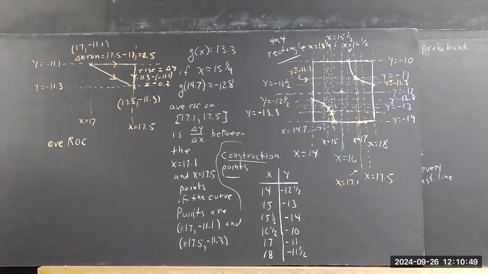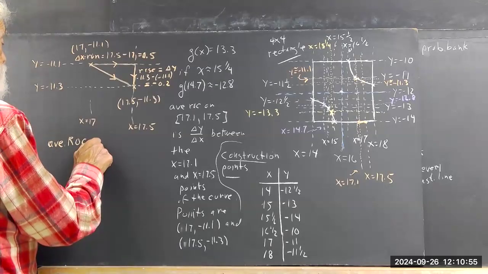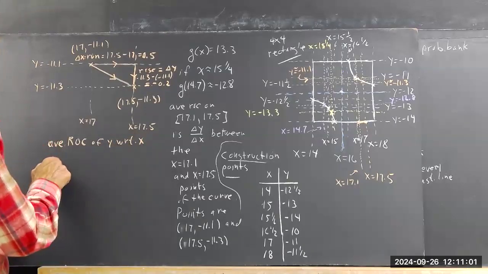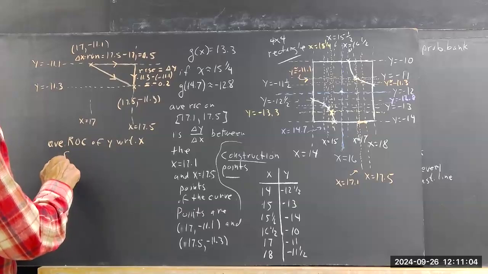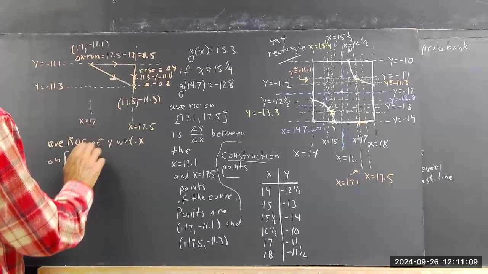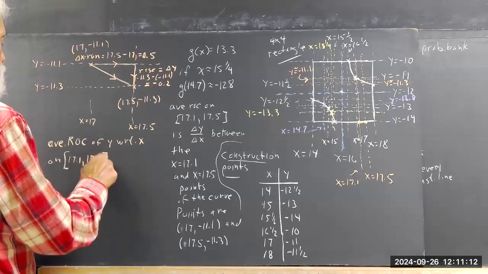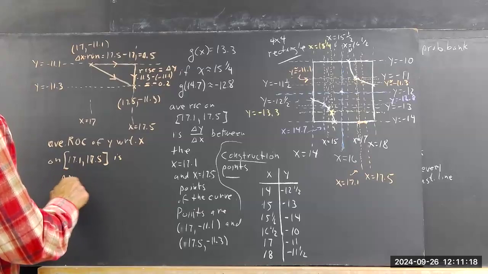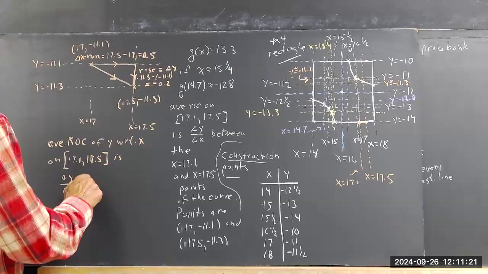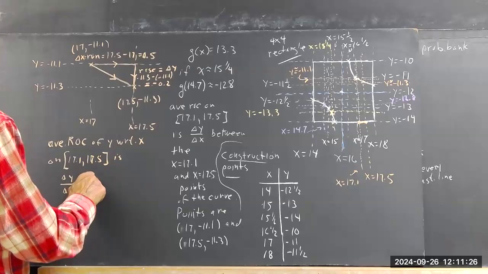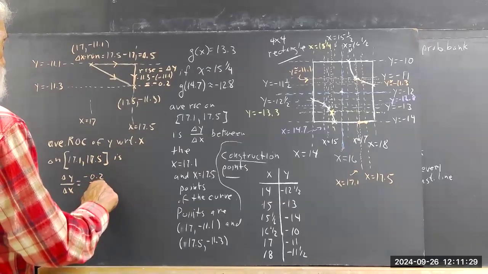Average rate of change of y with respect to x on the interval 17, 17.5 is change in y over delta x, which is negative 0.2 over 0.5.